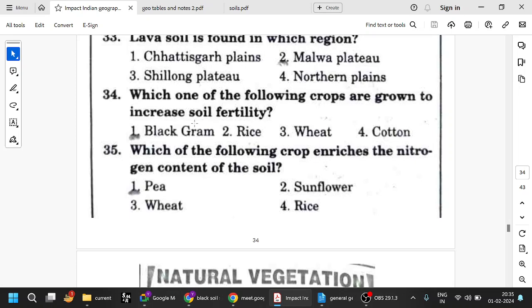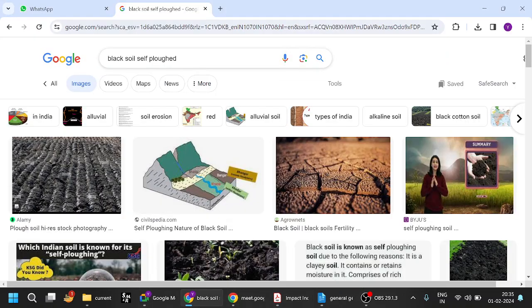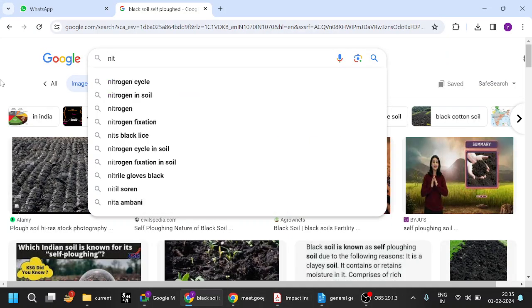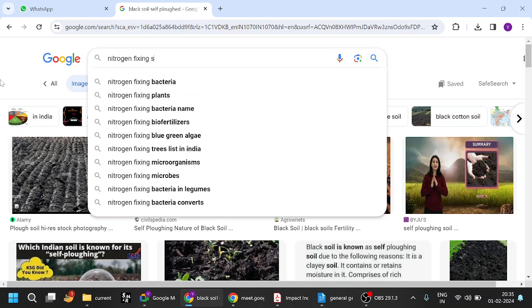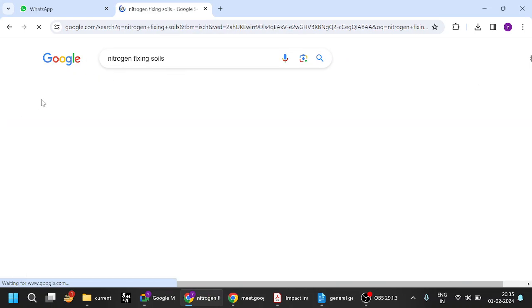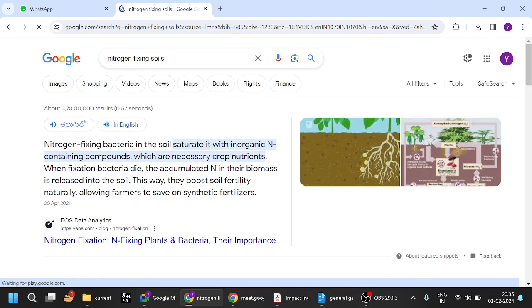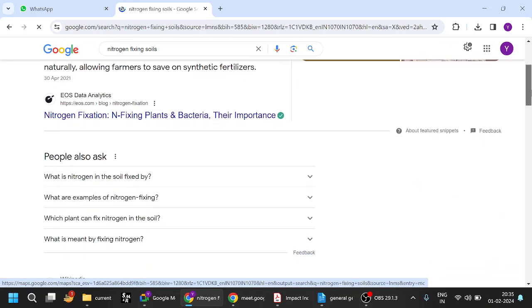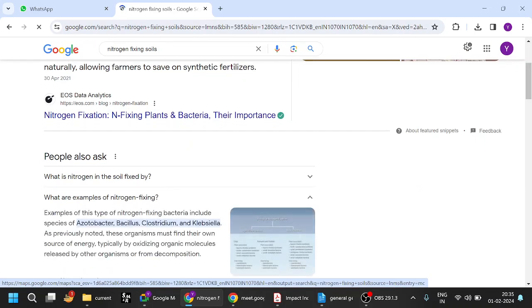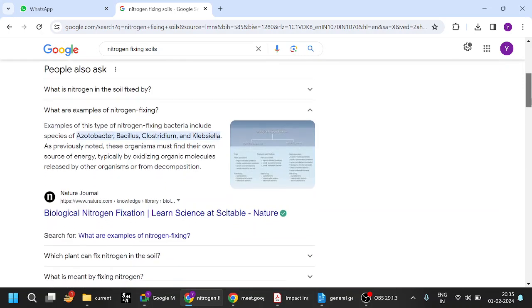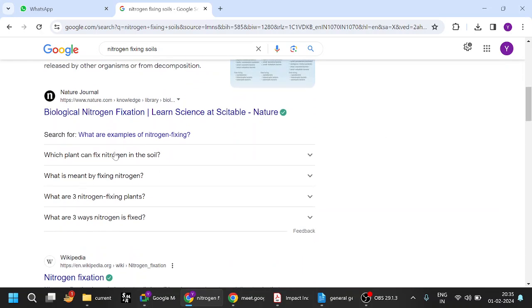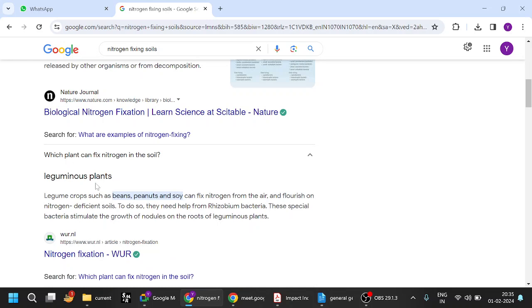Remember that. Let us also see what are the nitrogen fixing plants. Examples: leguminous plants.